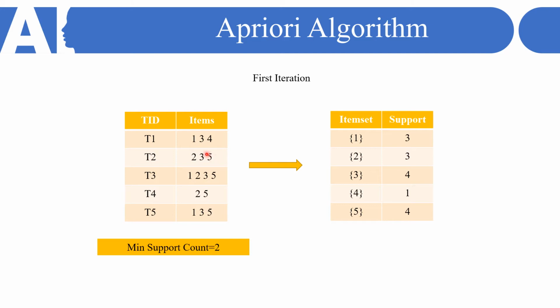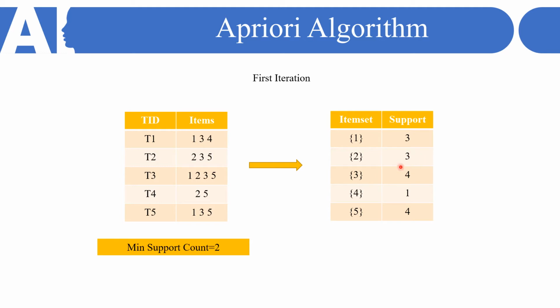Now 1 was bought in T1, T3 and T5. So 3 times it was bought. So for item set 1, support is 3. It is nothing but the frequency. So the frequency of 1 is 3. Then the frequency of 2 is also 3, as it is bought in T2, T3 and T4.